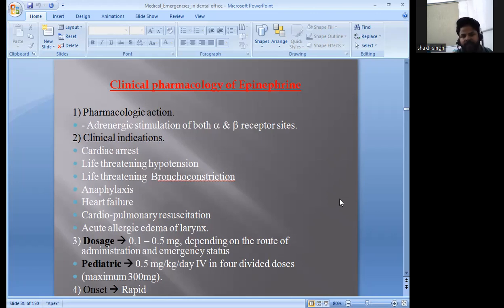The dosage is around 0.1 to 0.5 mg depending upon the route of administration as well as the emergency status. In a pediatric patient, it is 0.5 mg per kg per day intravenous in 4 divided doses. Maximum dose that can be given is 300 milligram. Its onset is very rapid.